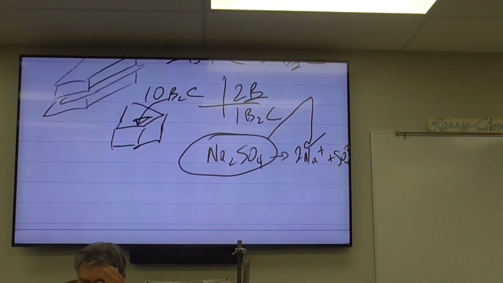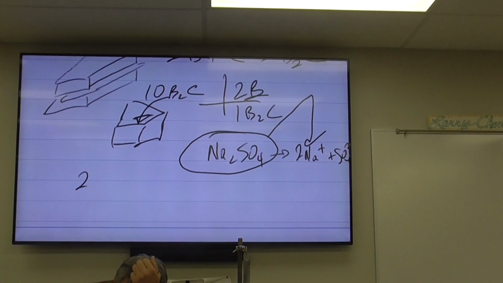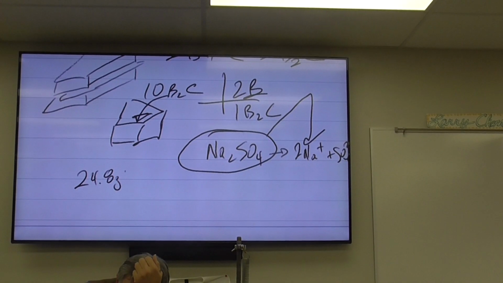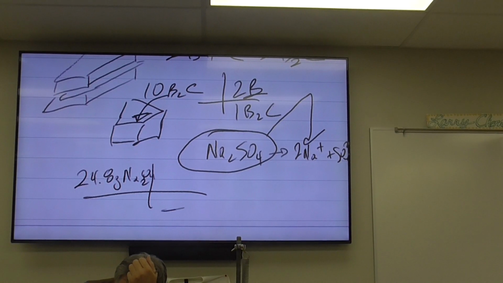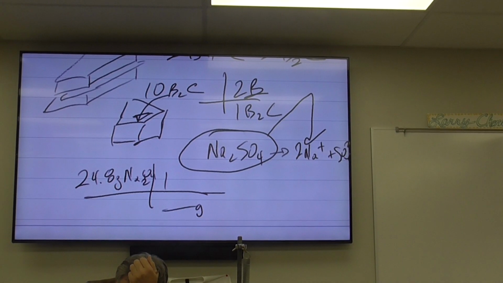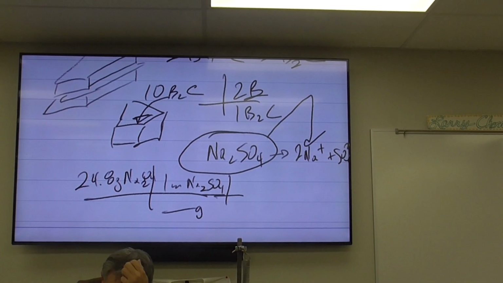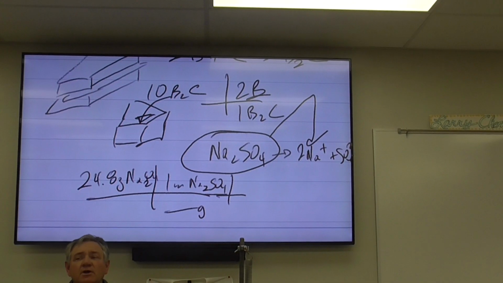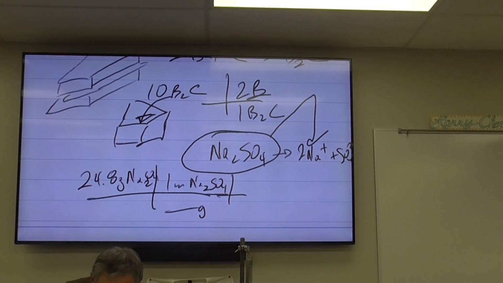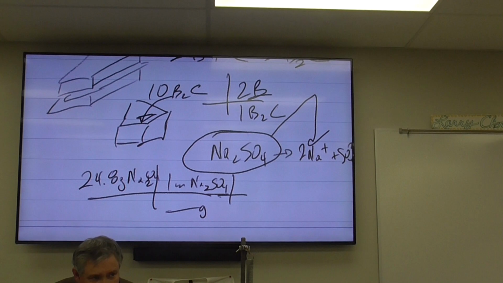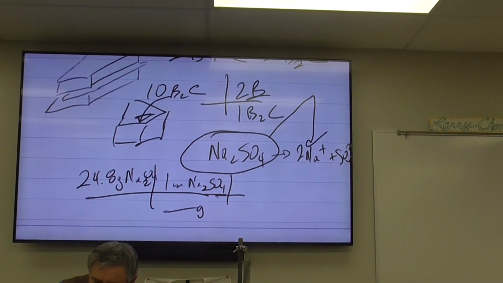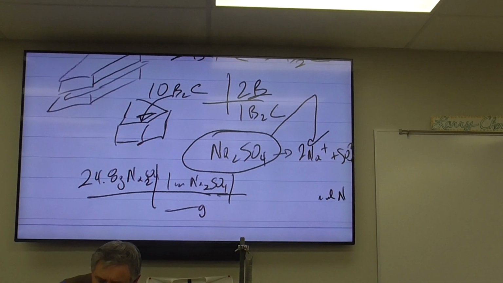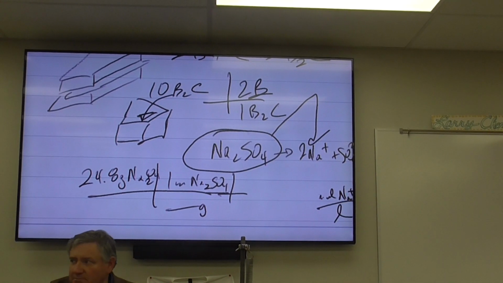So here's how you can do this if you do the stoic. If you go 24.8 grams of sodium sulfate, Na2SO4, and then the molar mass here, and you get 1 mole of sodium sulfate. Now, here's the story. This is why you have to get in this mindset of paying attention to the units. You want the concentration of sodium ions, which means you need the moles of sodium ions over some number of liters.